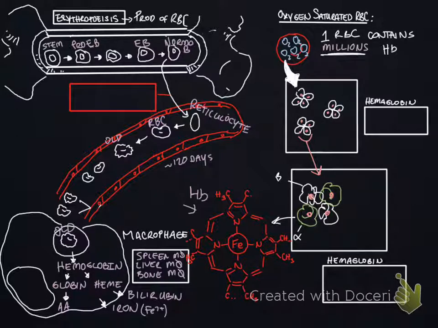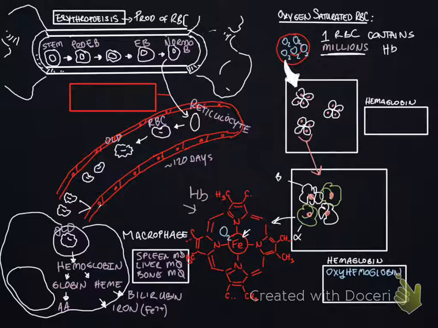Here's the chemical structure of hemoglobin, and this iron right here is what actually binds the oxygen. When oxygen binds to the iron of the heme group, it becomes oxyhemoglobin. So I'll write that for you. Oxyhemoglobin.